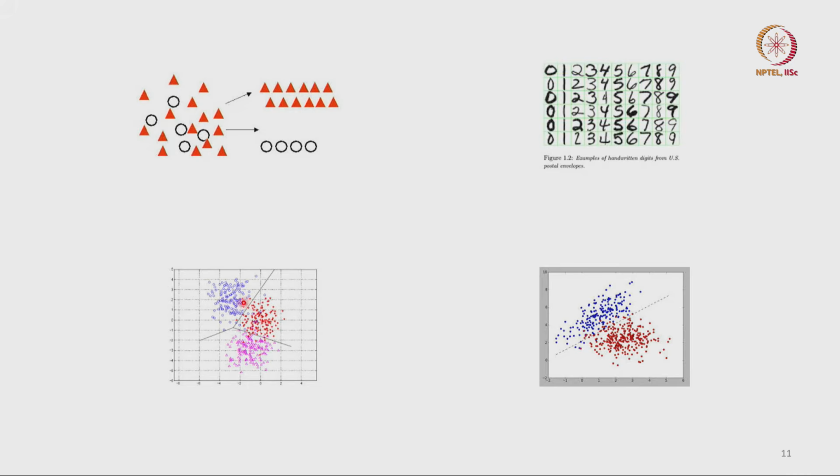If we get some new pattern here, which class do we give it to? Here similarly you have two classes with a separating hyperplane, and here these are handwritten digits 0 to 9. Each of these will be a pattern which is given to you.